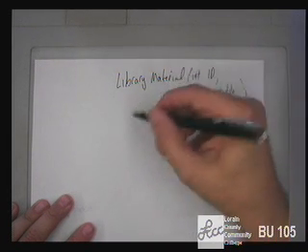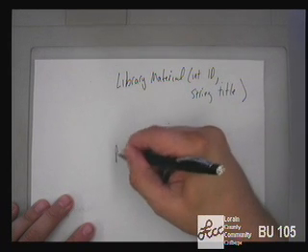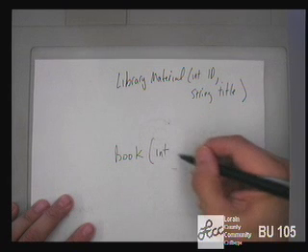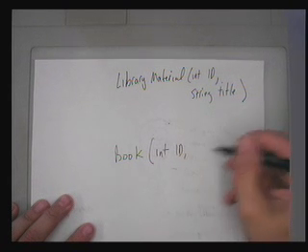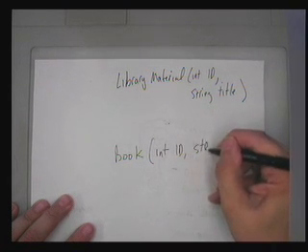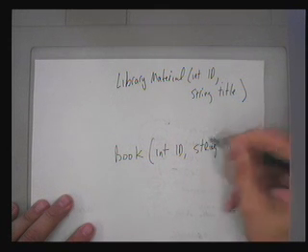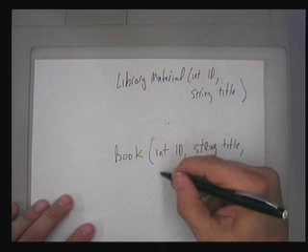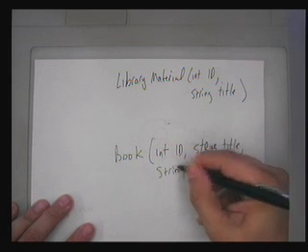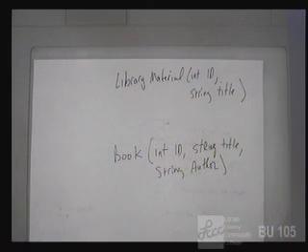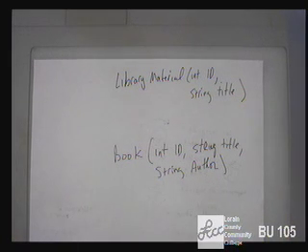And then we had a constructor on the book, let's say, that accepted the ID, the title, and the author. All right? We can do what's called constructor chaining.